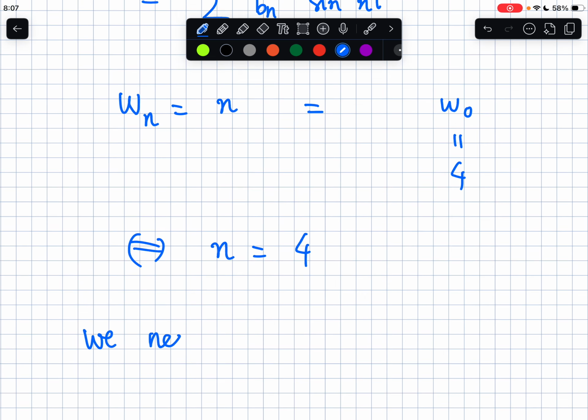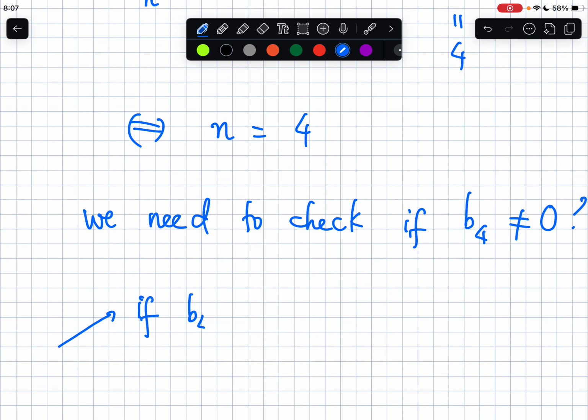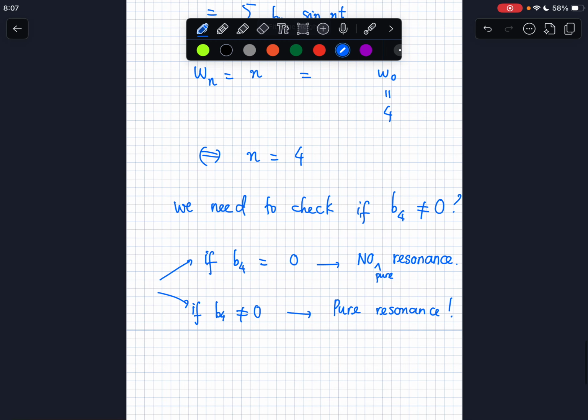We need to check if B_4 is non-zero or not. If B_4 equal to 0, no resonance, that is the case we've seen before. If B_4 is non-zero, then pure resonance occurs. So we need to check that.